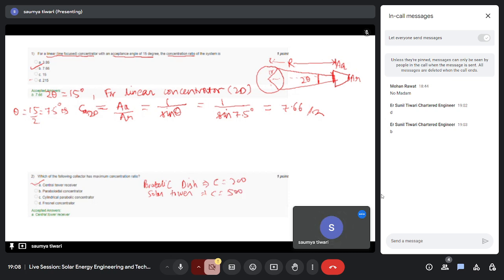So the central tower receiver has the maximum concentration ratio. The linear Fresnel concentrator has the least concentration ratio, around 10 to 40, if I remember correctly. Then you have your parabolic concentrator, then the parabolic dish, and then the central tower receiver.